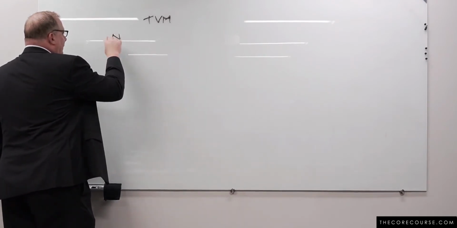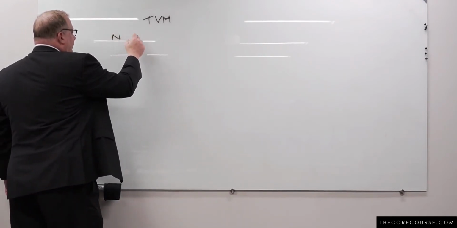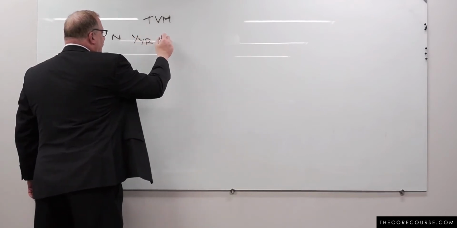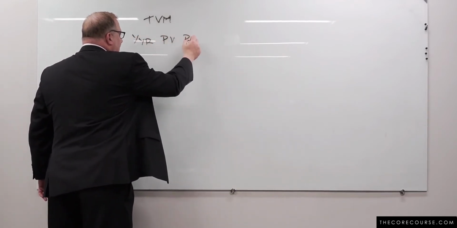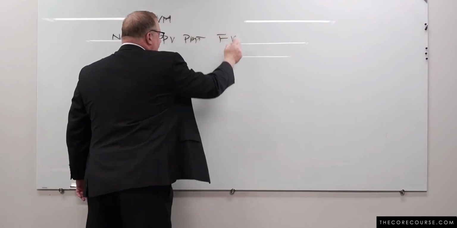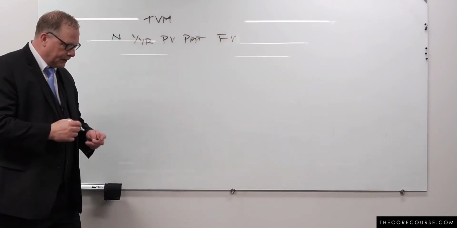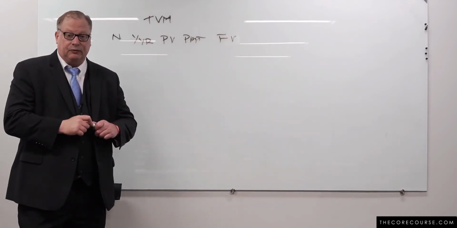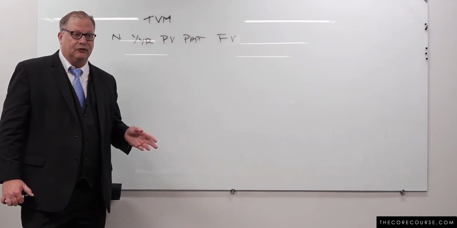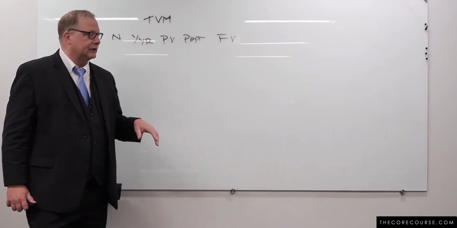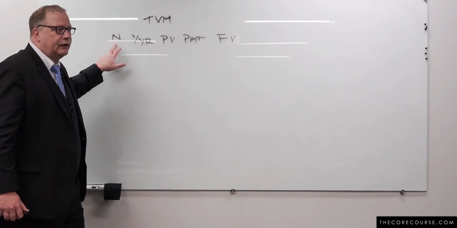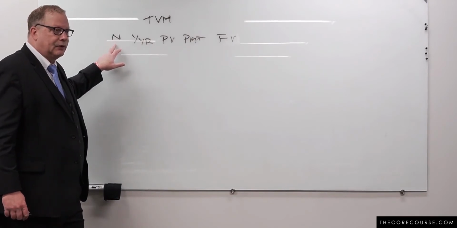So there's term, that's what N stands for. There's I/YR, there's PV, there's PMT, and there's FV, all right? So a quick explanation of what each one of these means. Make notes as necessary.